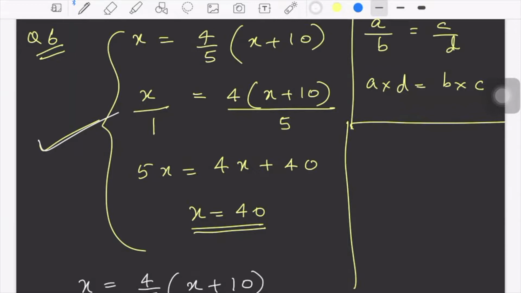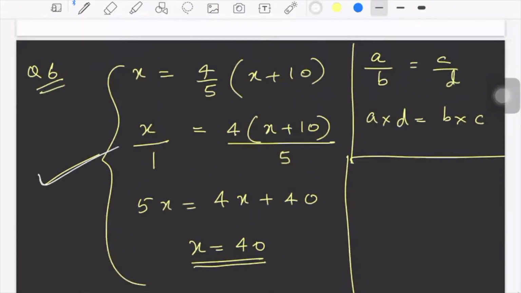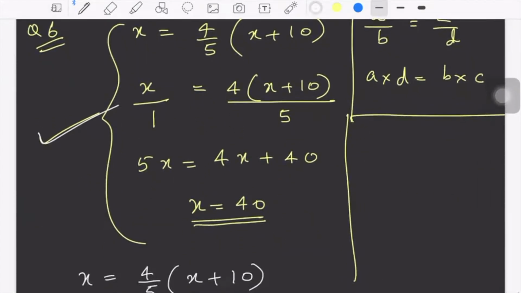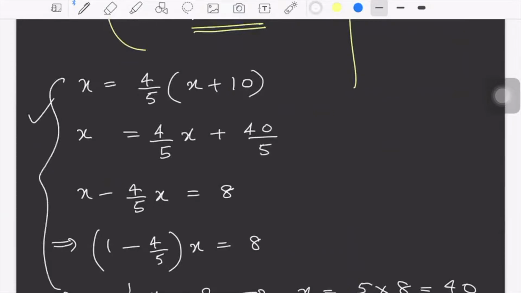But in the SAT, the idea is to arrive at the answer in the shortest time. So you have to write as few steps as you can, as fast as you can. But how do you know which approach to use? How do you know whether to go with this approach or that approach?